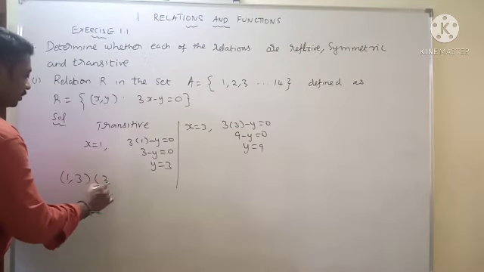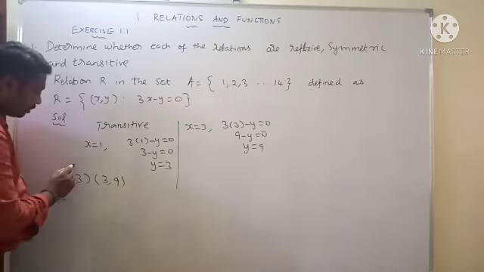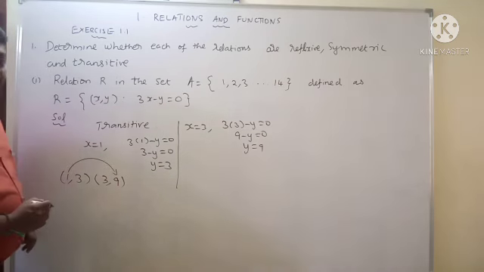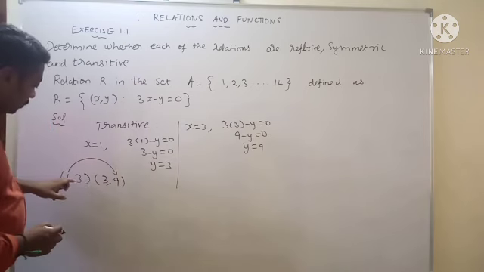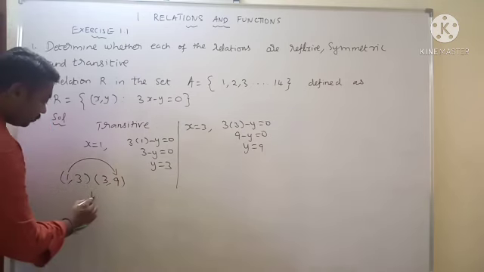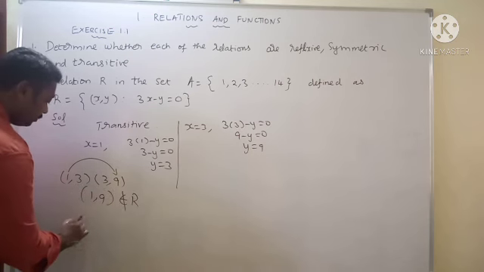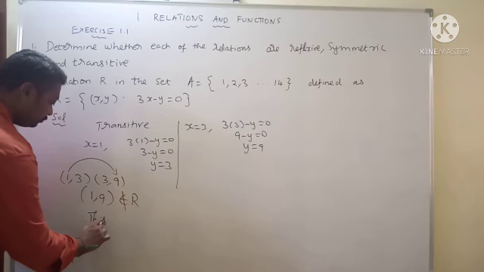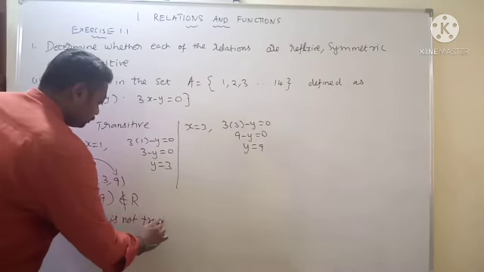So for the input of 3 we are getting 9. Then for the input of 1 we should get 9. Will it be possible? No, because for the input of 1 we will get 3 only. So (1, 9) does not belong to R, therefore this is not transitive.